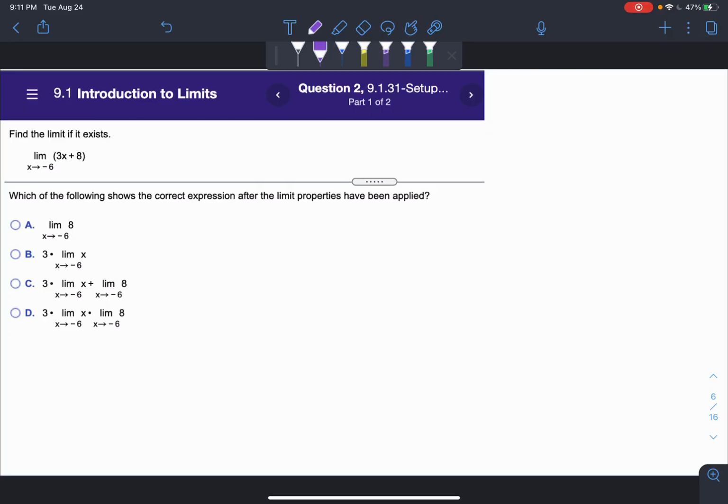So for this problem, we want to know what the correct expression is using our limit properties. So I have the limit as x goes to -6 of 3x plus 8. One of our properties allows us to break this apart into two limits based on that addition.